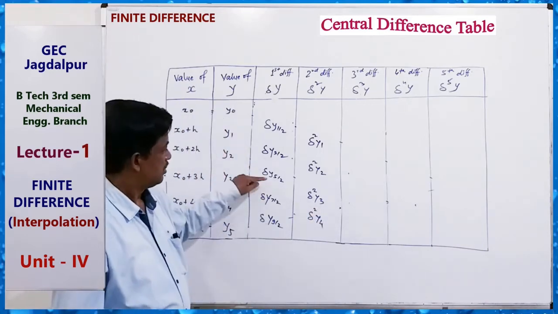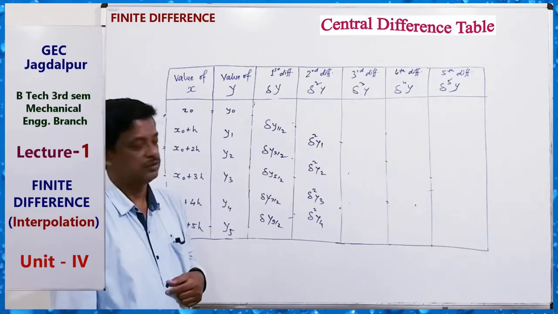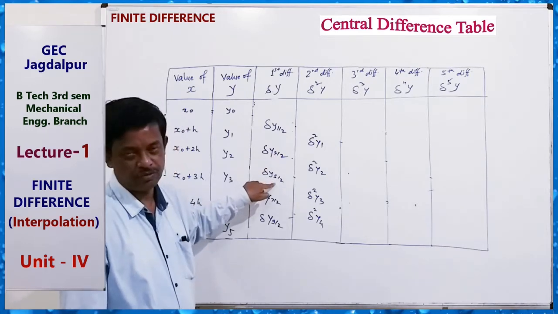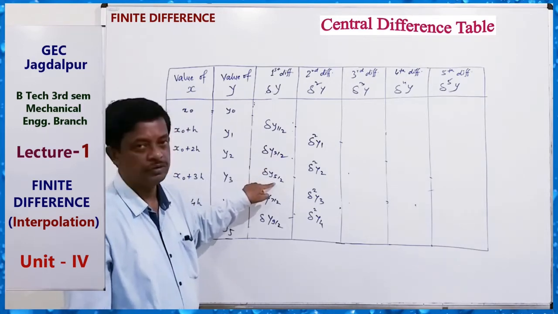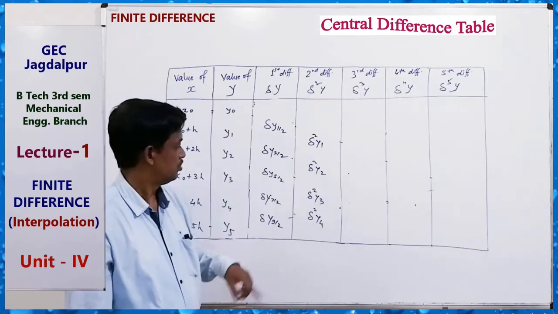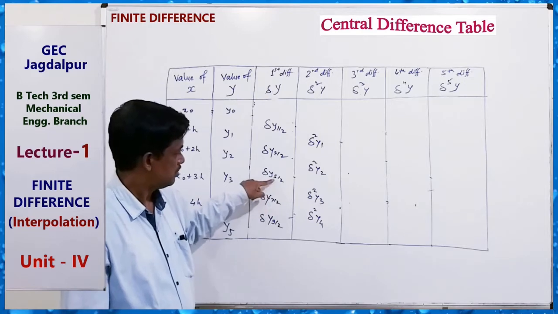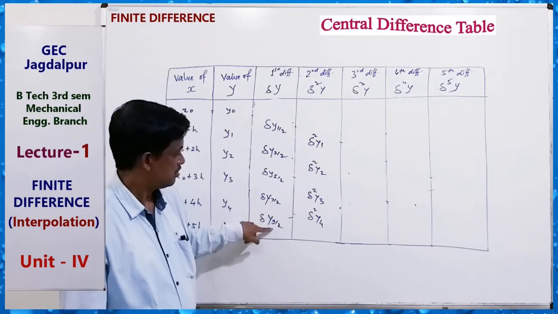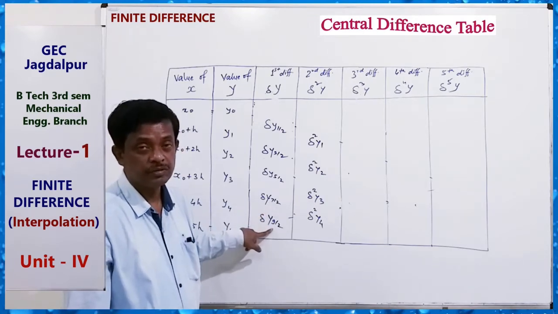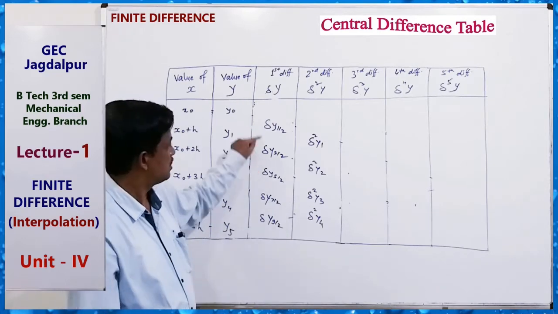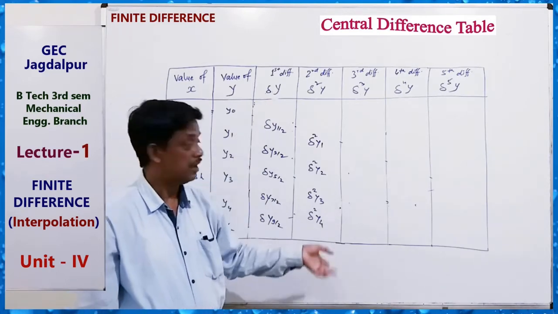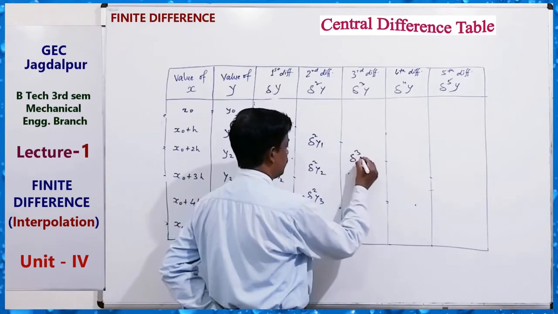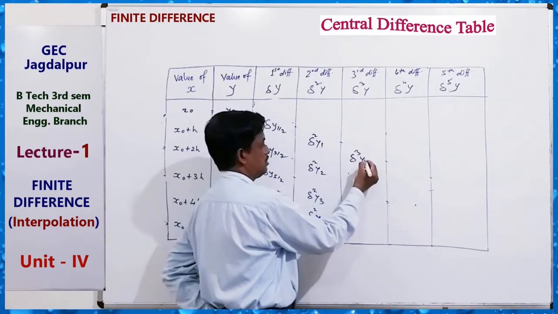You can see 5 by 2, 3 by 2, 4 by 2, 2, 2. So this minus this, just write it, and this will be the notation for that difference. Here, delta squared y, 2 and 1, average 3 by 2.